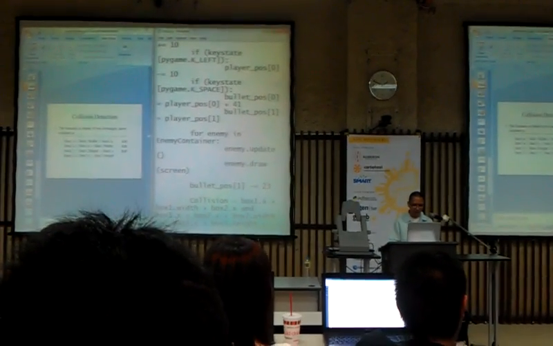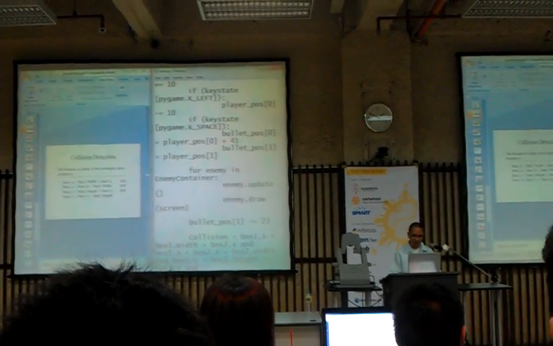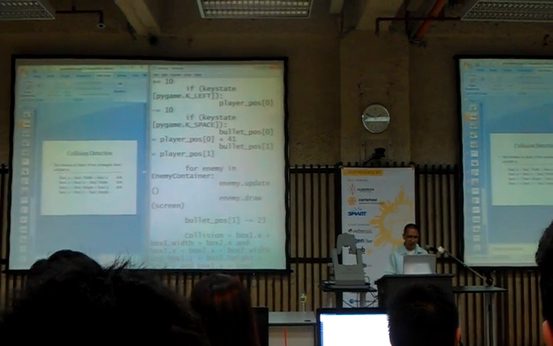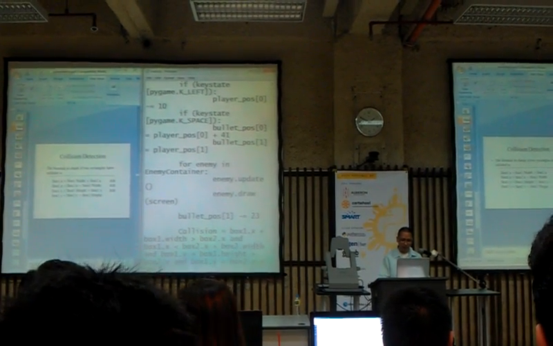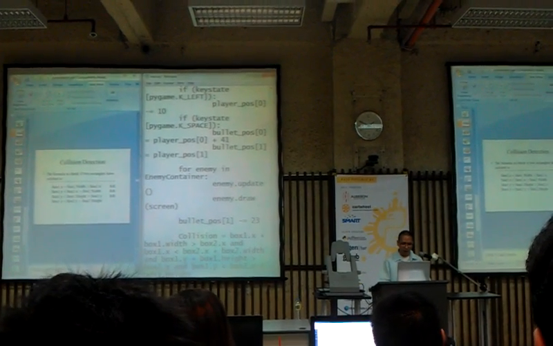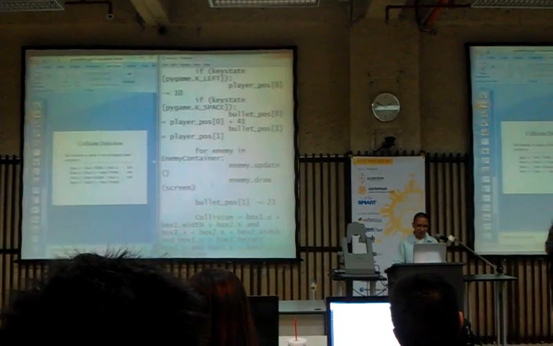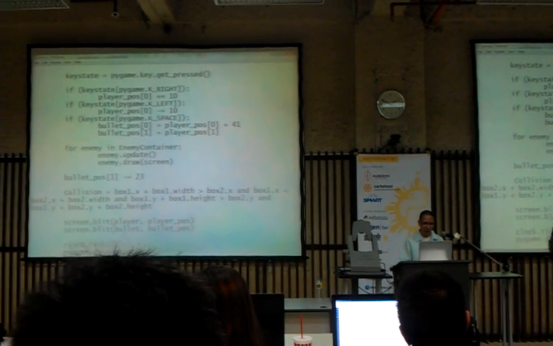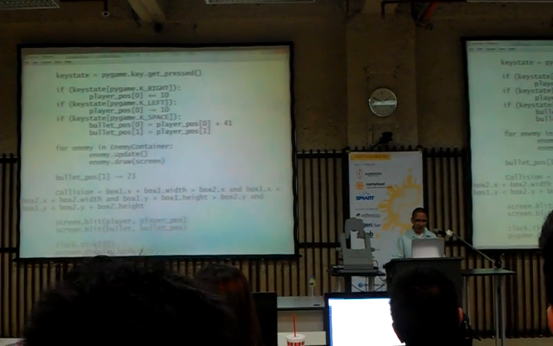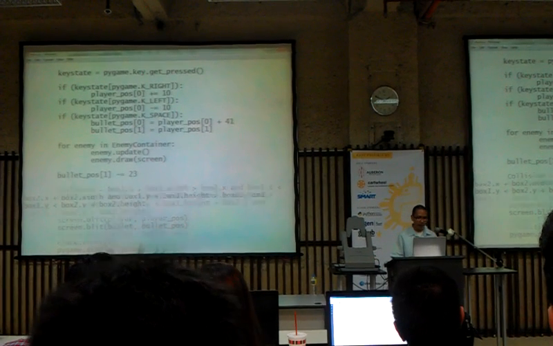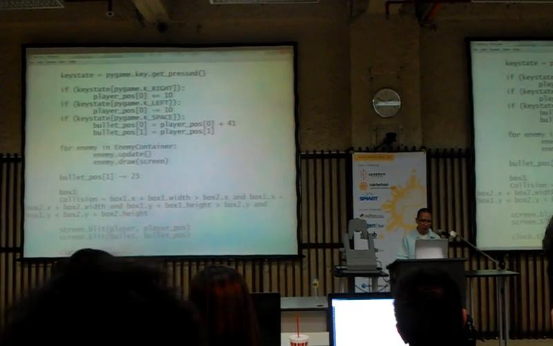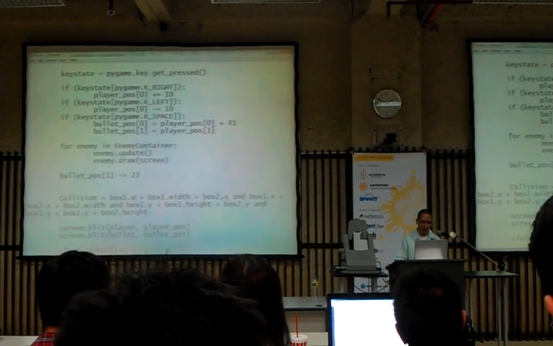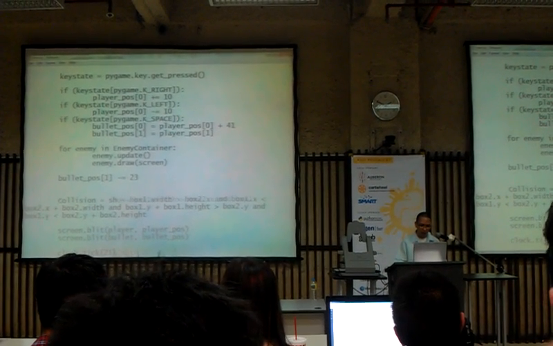Collision detection. Here's the formula. Very painful to look at. And instead of using box 1, it is supposed to be our shot. This is supposed to be bullet position.